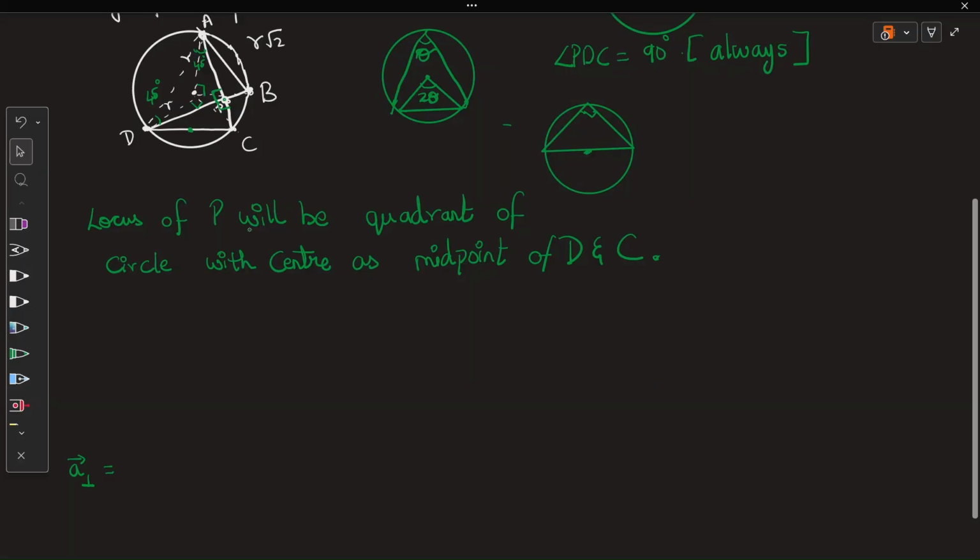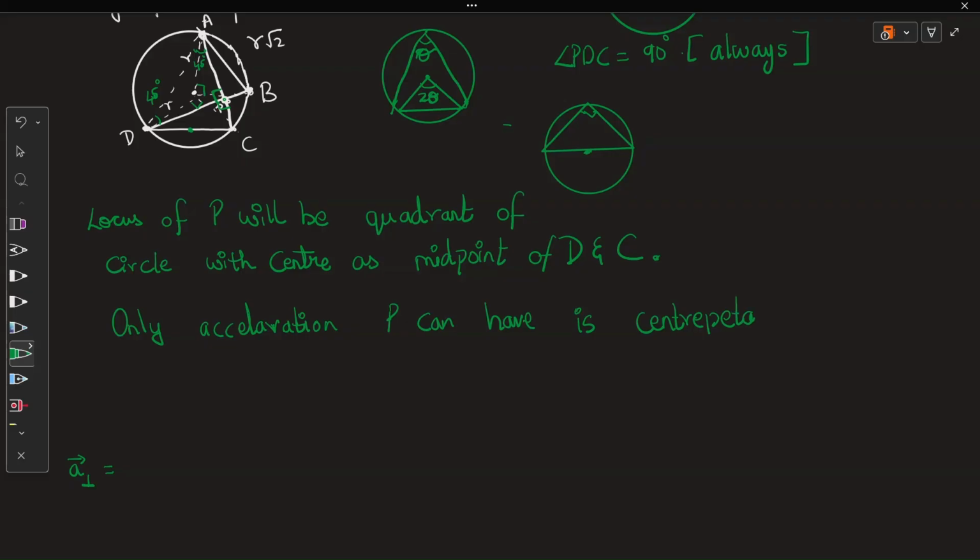So the only acceleration point P can have is the centripetal one. So we are going to calculate it.